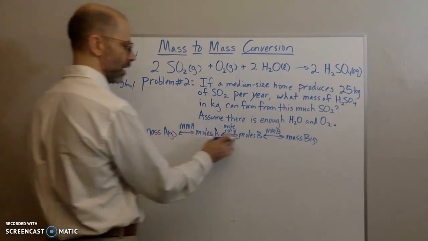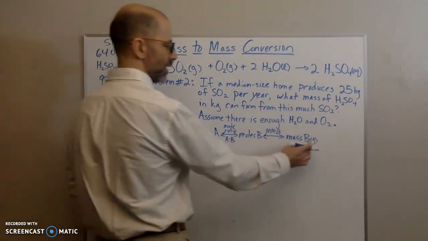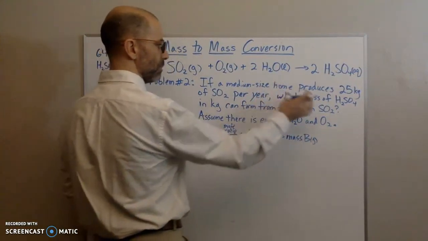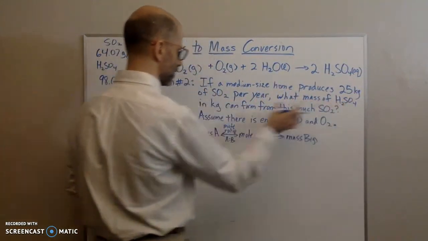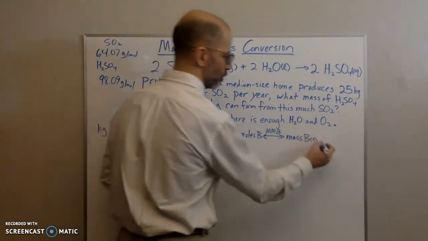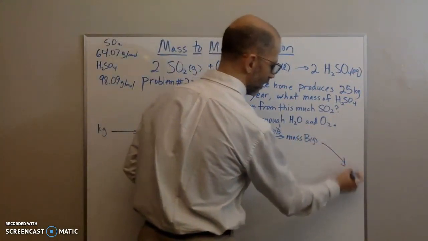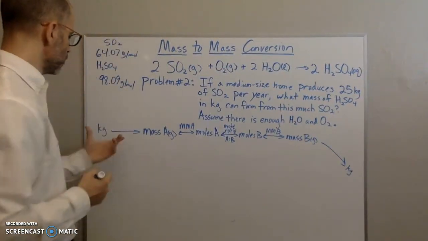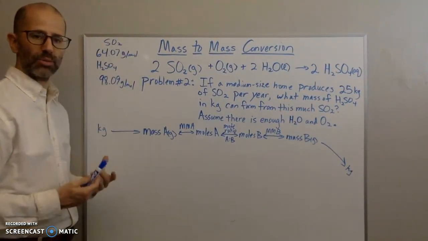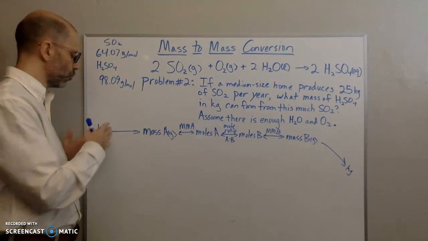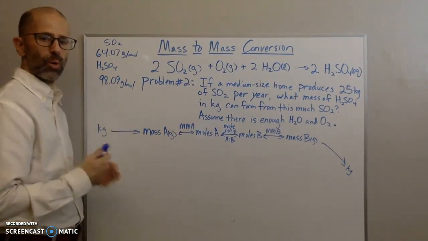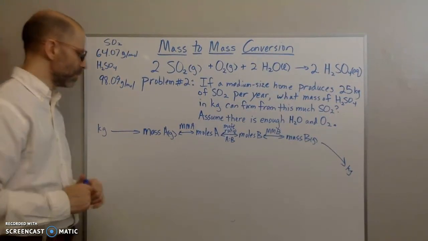And then when we're on the road, we get to a mass of B in grams, but they want the mass of sulfuric acid in kilograms as well. So we're going to need to get off the road and go to kilograms as well. A lot of times we're going to be off the road, but we can get onto the road and off the road with other conversion factors.